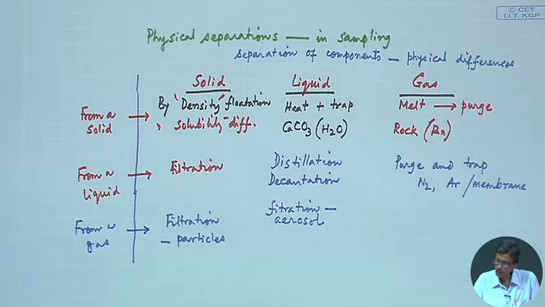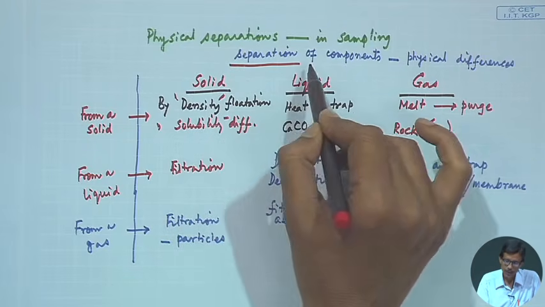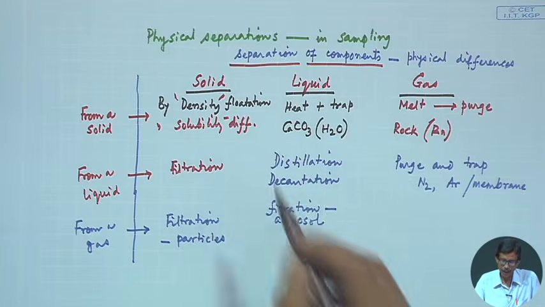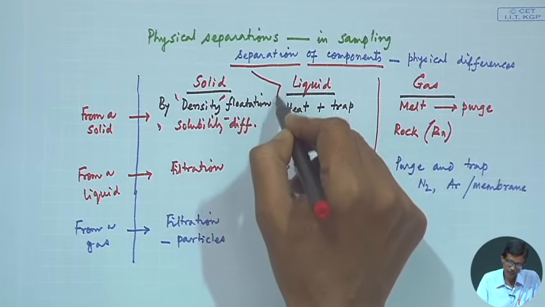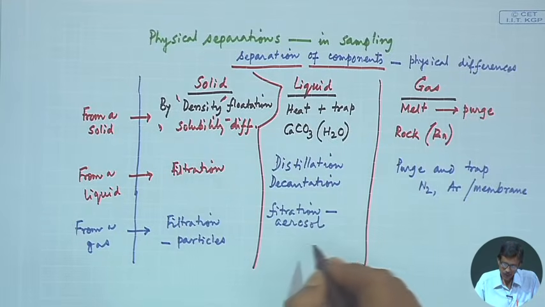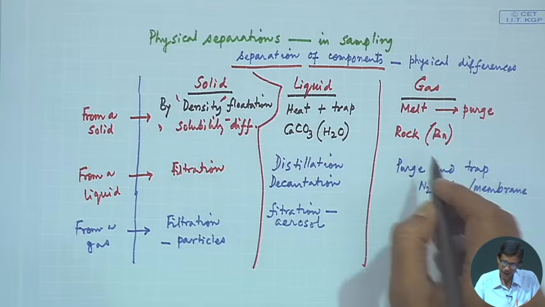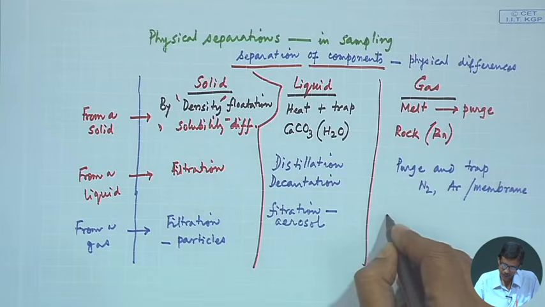So, what we are looking over here is our separation of the components. So, we should not forget throughout this tabulation, that what we are tabulating over here is the corresponding separations of all these things. So, filtration of the aerosol, and lastly the gas from the gas is by diffusion.